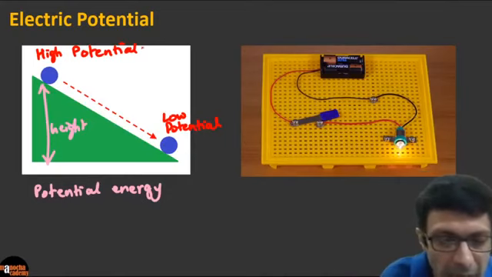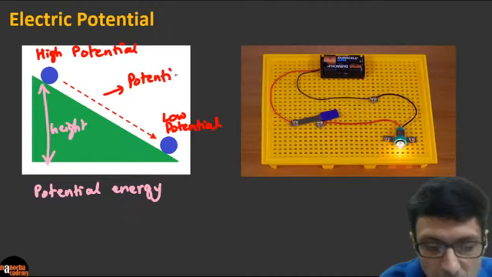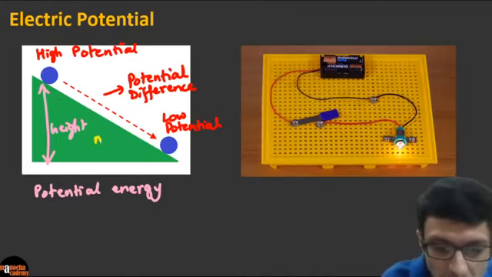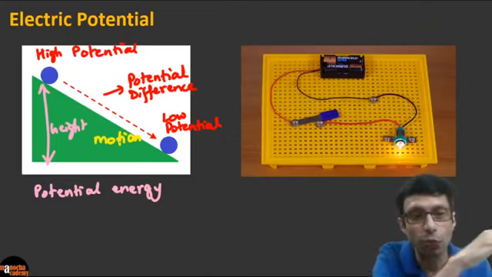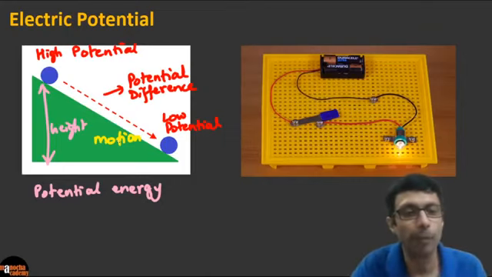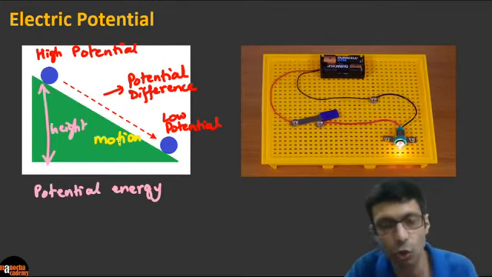So what are we having here, guys? Very important concept. Can you see there is a potential difference needed? So potential difference is needed for the motion of the ball. Similarly, for water to flow, you need a slope, you need a potential difference. Water has to flow from high potential energy to low potential energy, high potential to low potential.